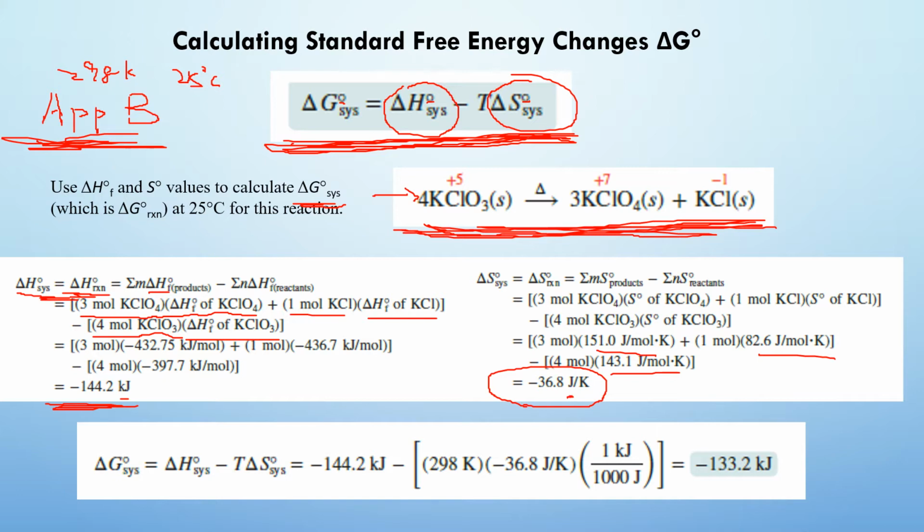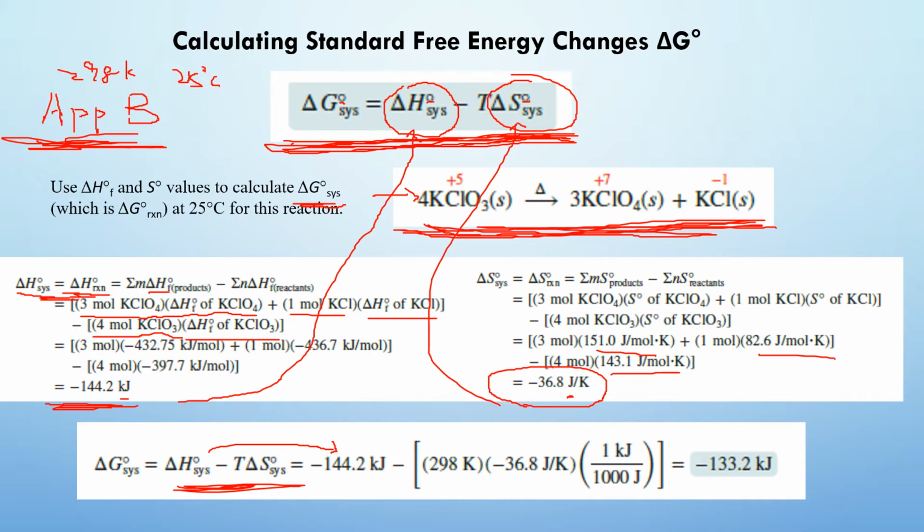Then you can put these two numbers into this equation here. Because you have different units of energy, you have to do the conversion. In this case, I want to use kilojoule, so I have to convert this joule per K into kilojoule per K. By using this equation, this is the delta H in kilojoule.